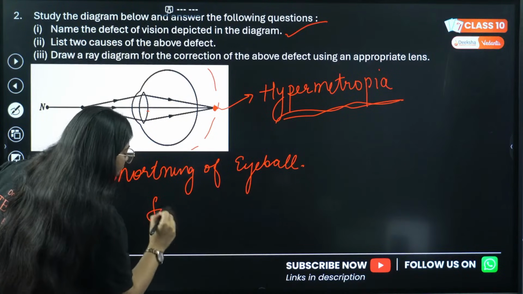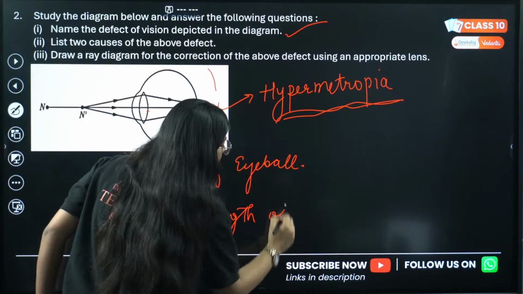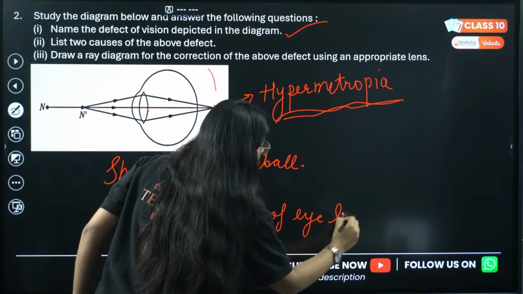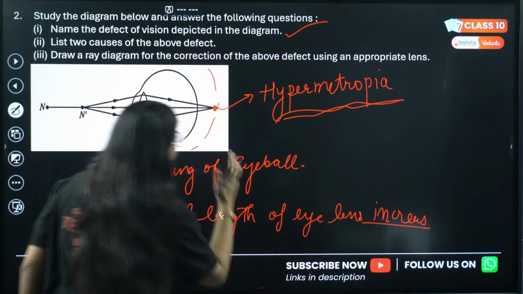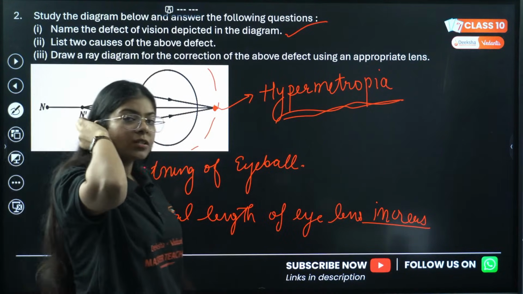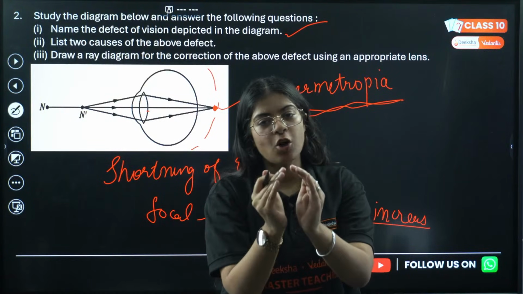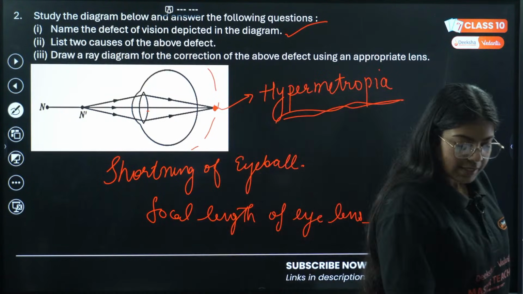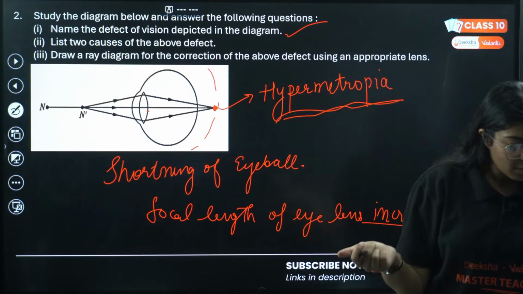Or if my screen moved towards the eye lens, the focal length is same, but my eyeball got shortened. Correct? Lens is thin as focal length is increasing. Correct. Increased focal length. Every one of you is correct.